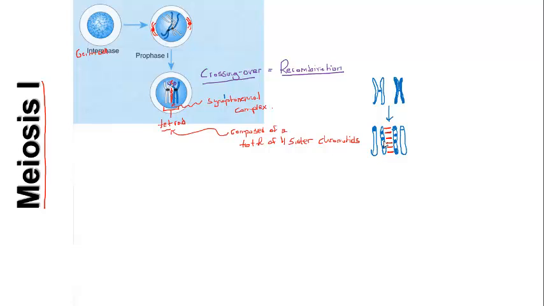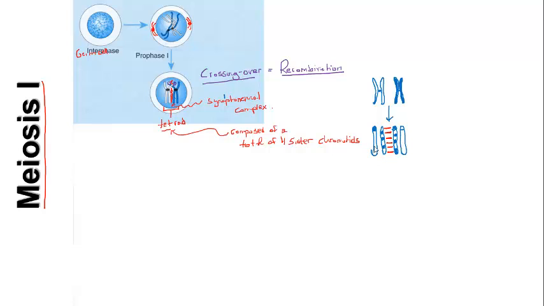So we took the certain combination of alleles that we started off with in these sister chromatids of these homologous chromosomes, and we recombined them. We mixed up everything, did a whole bunch of gene rearranging, or I should say not gene rearranging, but better stated, allele rearranging, between mom and dad's sister chromatids.